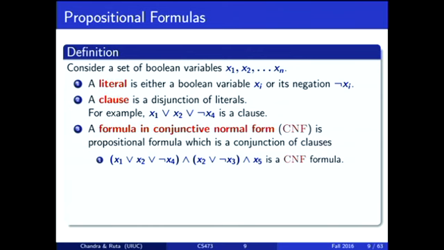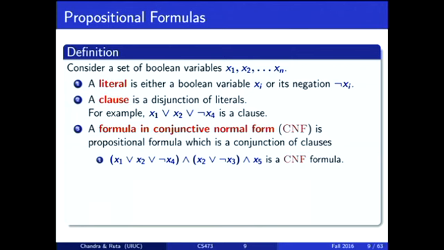So the input consists of n Boolean variables, x1, x2, ..., xn, and some m clauses, which are in a very specific form called conjunctive normal form. The variables can occur in two forms, as xi or not xi, so we call them literals instead of variables.